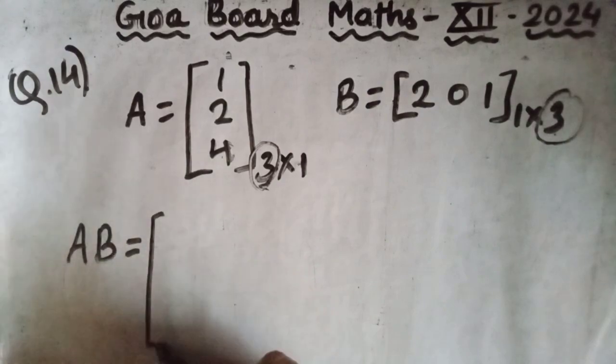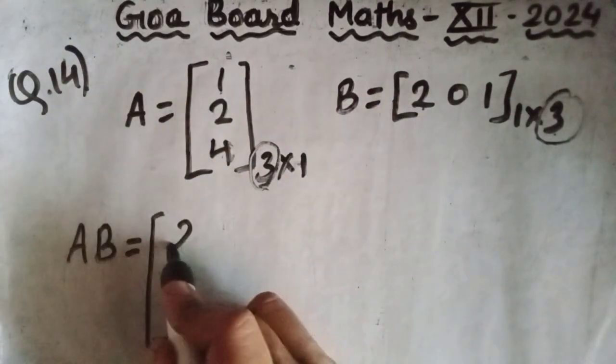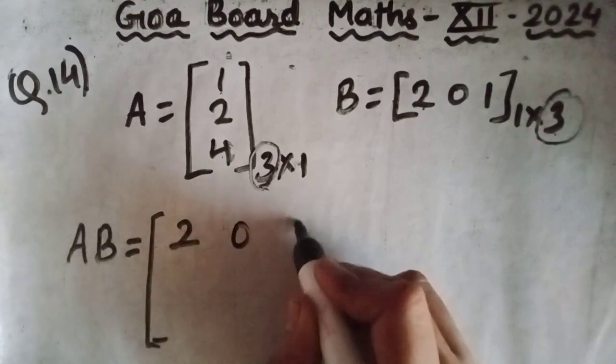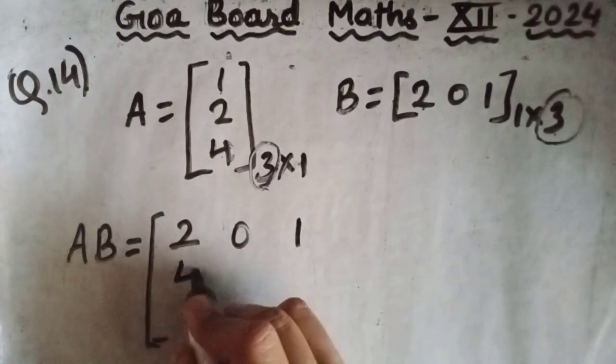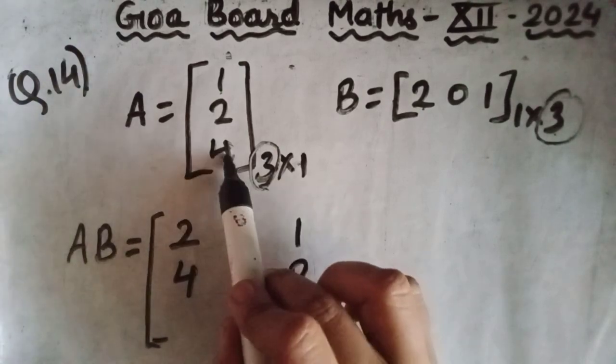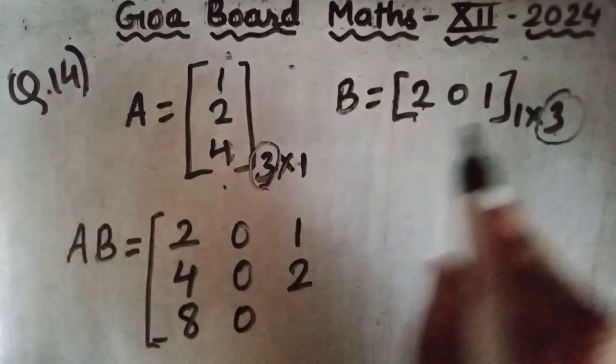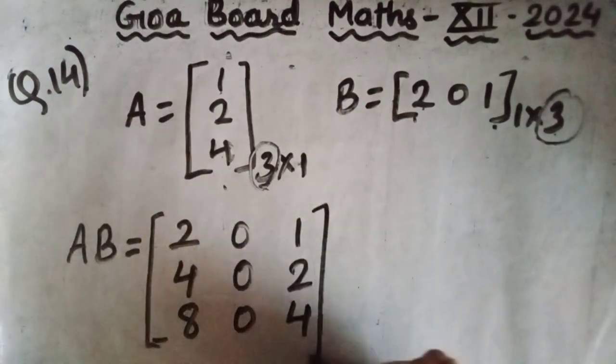Okay, so 1 into 2, then 4 into 2 is 8, and 4 ones are 4.